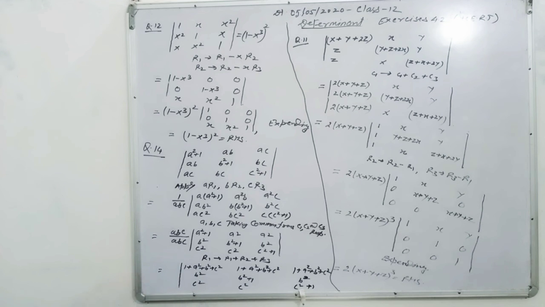Why? Because if 0 comes in many places, you can easily solve it. So common factor is here 1 plus a square plus b square plus c square. Then expanding it, after expansion you will get one result, and the result will be 1 plus a square plus b square plus c square.